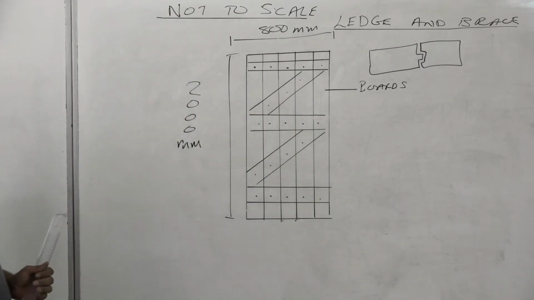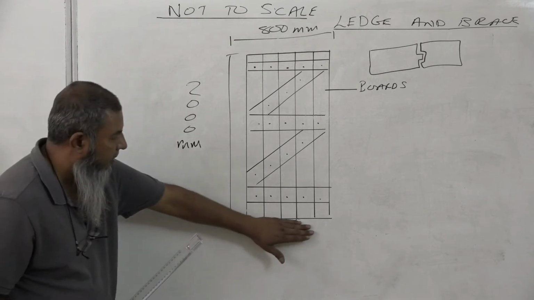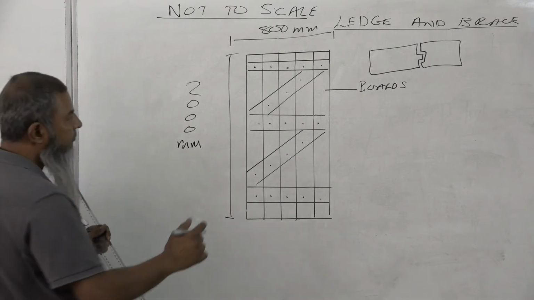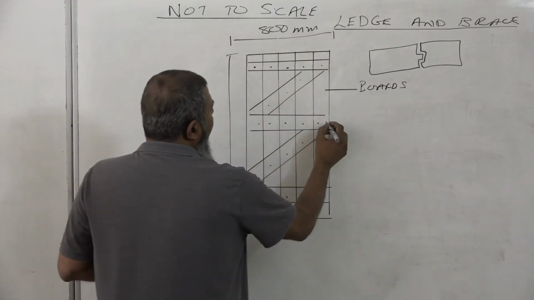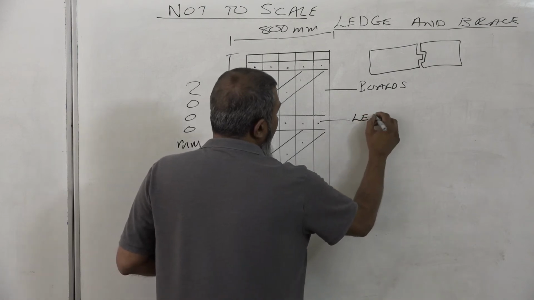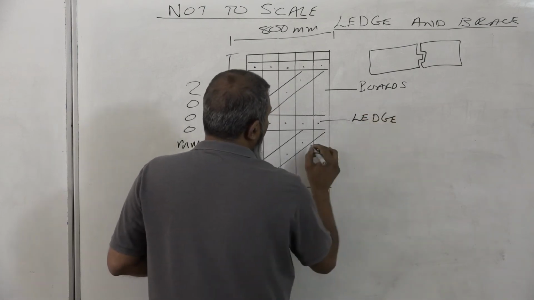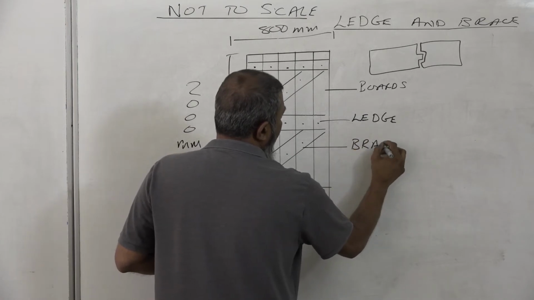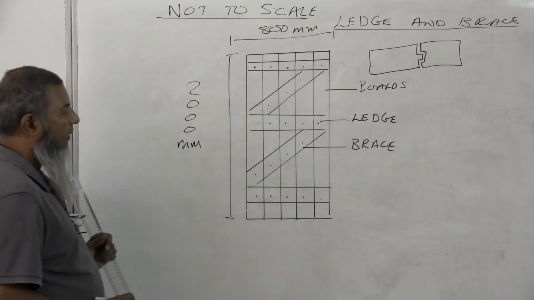Right. So this is what we call our ledge and brace door. The components that go in a horizontal fashion are called the ledge, and the ones that go at an angle are called the brace. Okay.